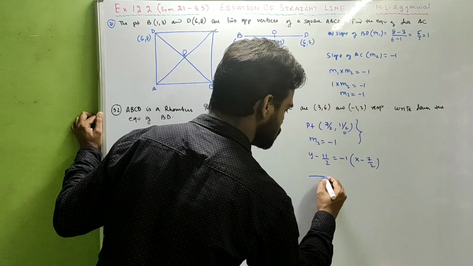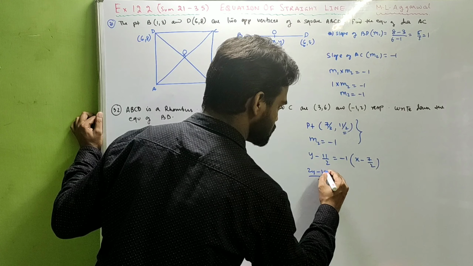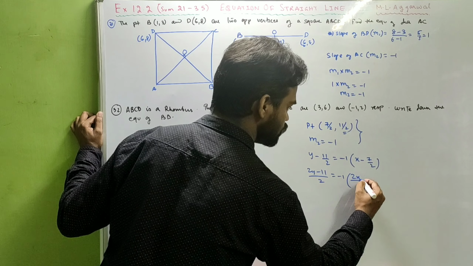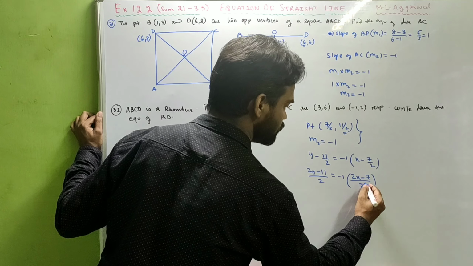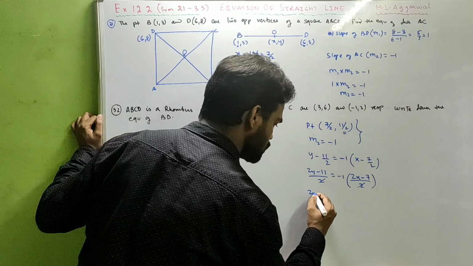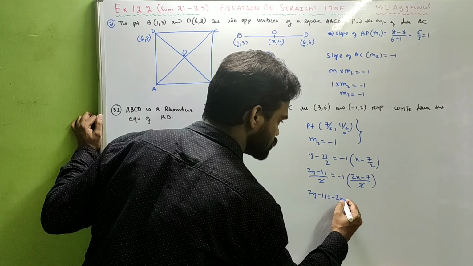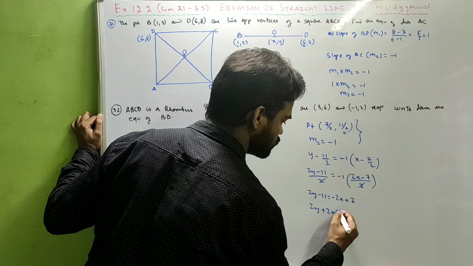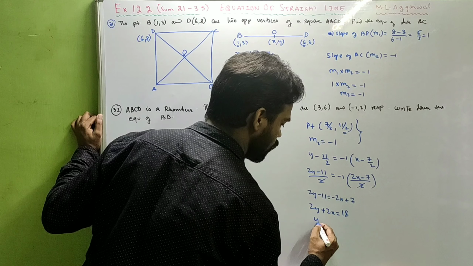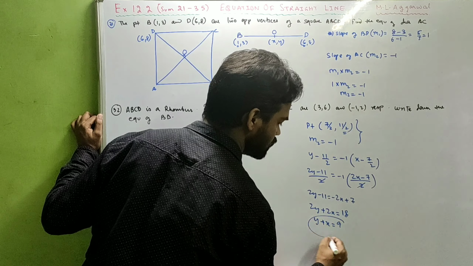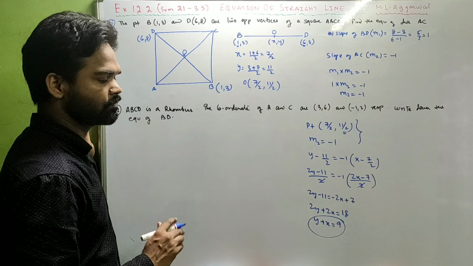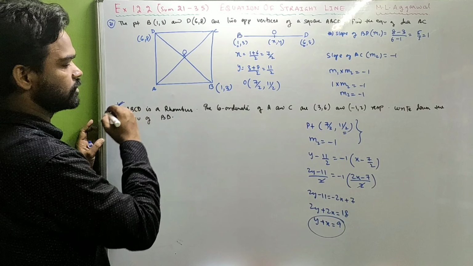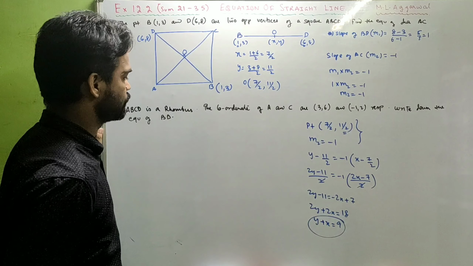Just simplify this. So this is 2y minus 11 equals 2, this is minus 1, (2x minus 7), which means 2y minus 11 equals minus 2x plus 7, which means 2y plus 2x equals 18, which means y plus x equals 9 if you take 2 common. Am I clear? That's the equation of AC.